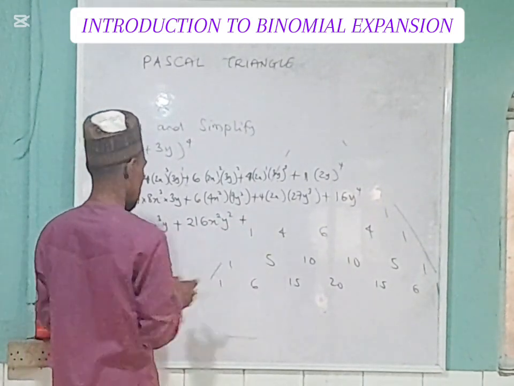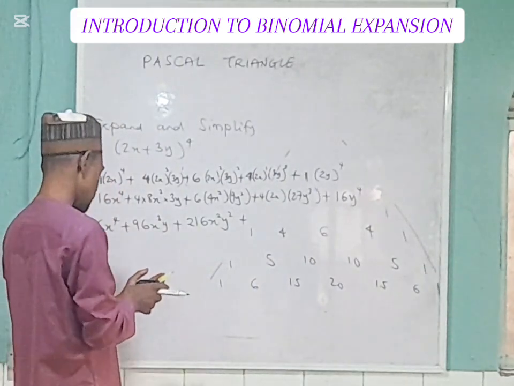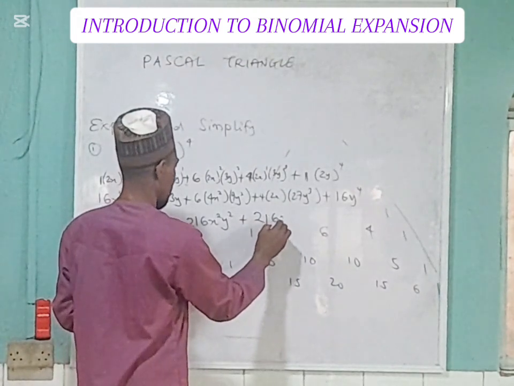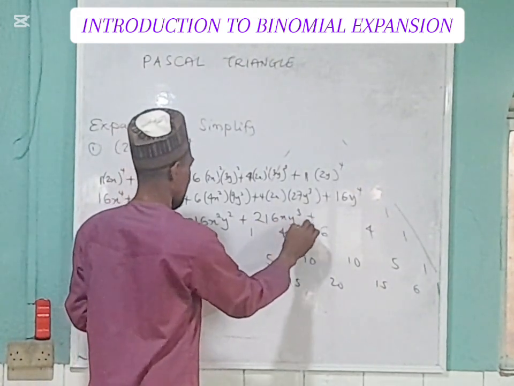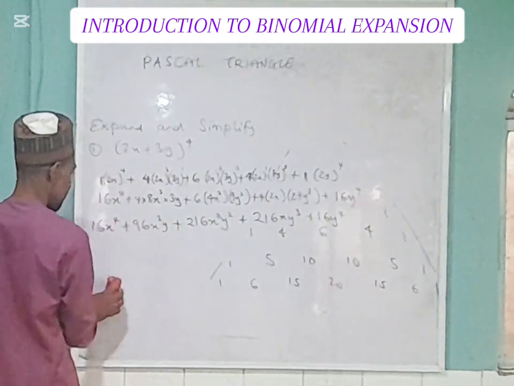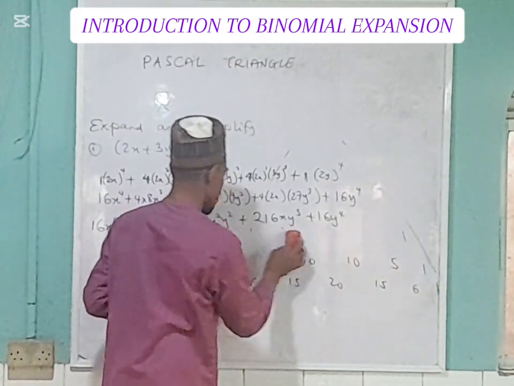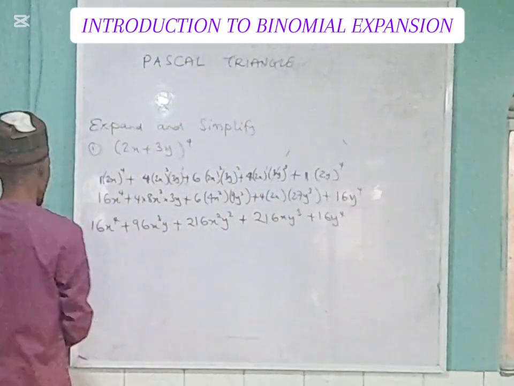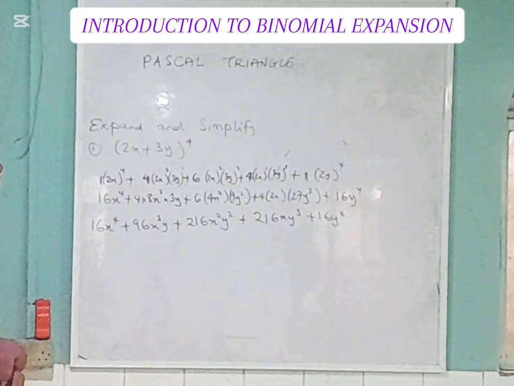Then here 4, 2, 27. You've got again 216xy cubed, and lastly 16y to the power of 4. So that essentially is the full expansion and simplification of the binomial there, 2x plus 3y all to the power of 4.